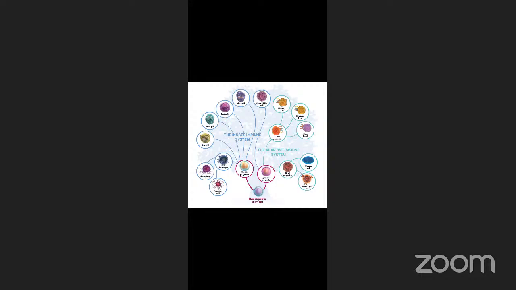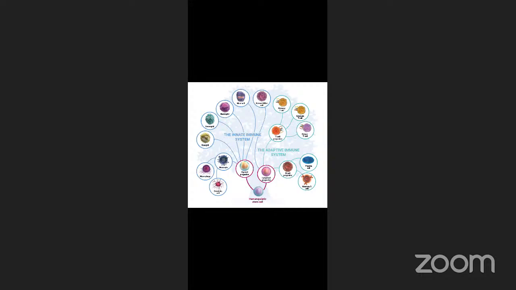From one cell, these different types of cells will be produced, the hematopoietic stem cell present in our bone marrow, from which different lineages, different types of immune cells and other blood cells are produced. And this mast cell is produced from the myeloid progenitor, released from the bone marrow into the bloodstream.